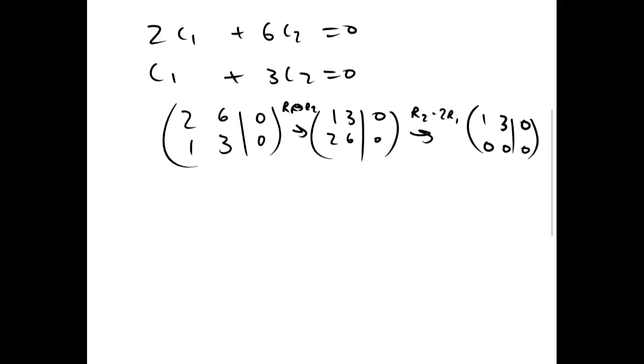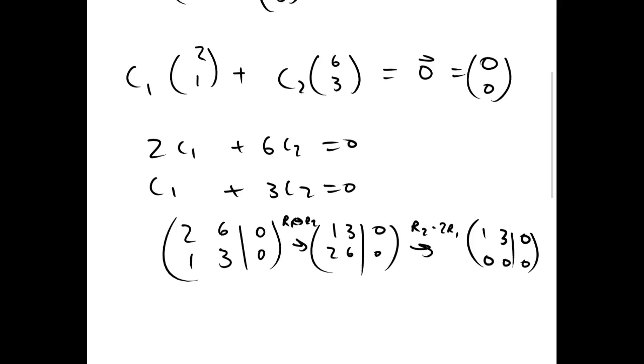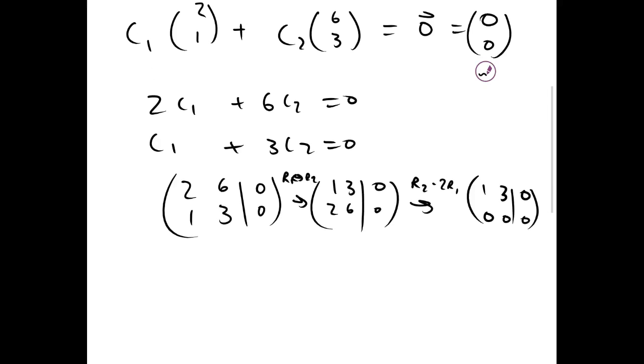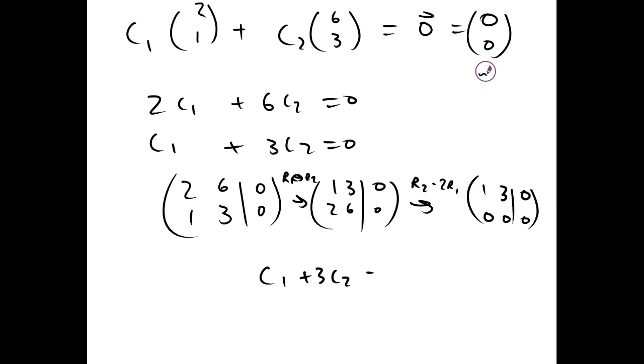And since we can't get the identity matrix, these two vectors are not linearly independent, because this is pretty much saying C1 plus 3C2 equals 0. So we can choose any combination of C1 and C2 for which this is true.